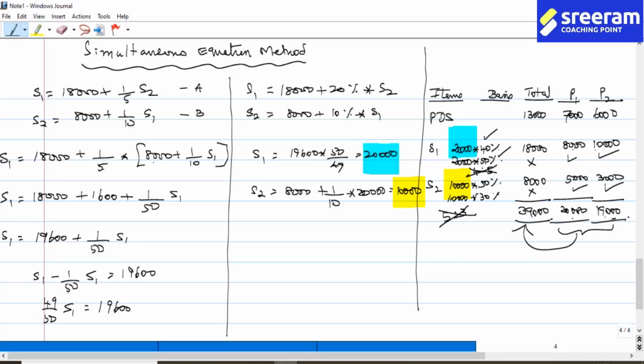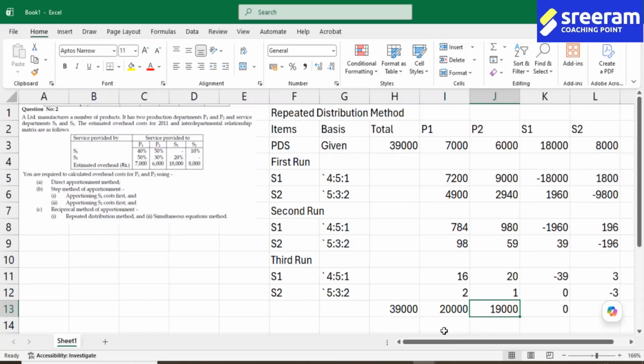So this is secondary distribution, simultaneous equation, and repeated distribution. Under repeated distribution, what have you seen? 20,000 and 19,000. Even these figures need not match. The results you get in the direct method, step ladder method, and repeated distribution method need not match. They are all various methods of approach.